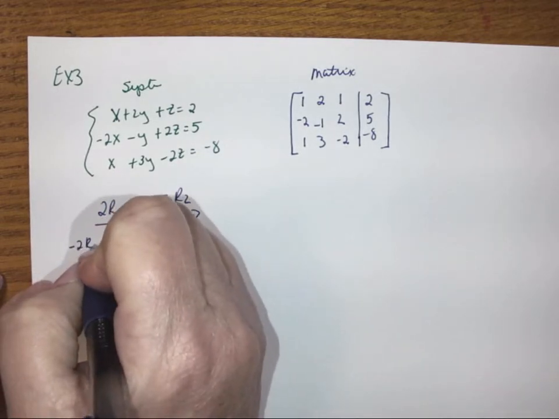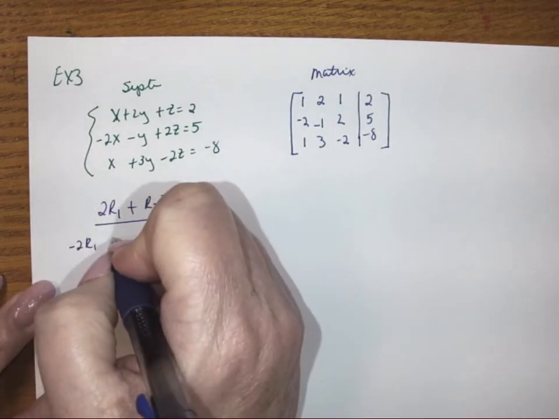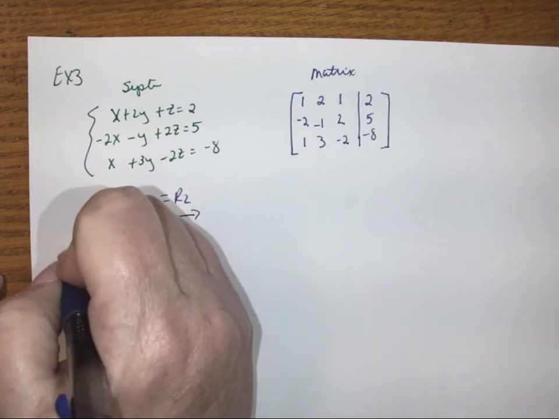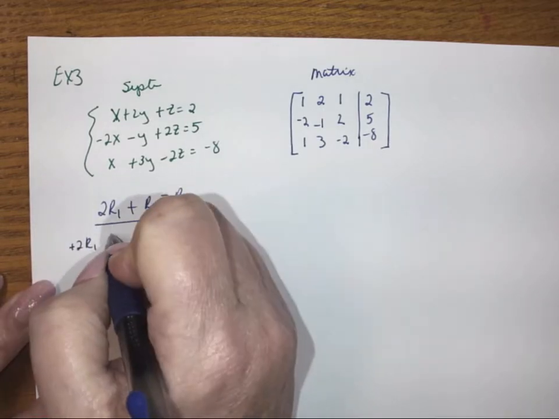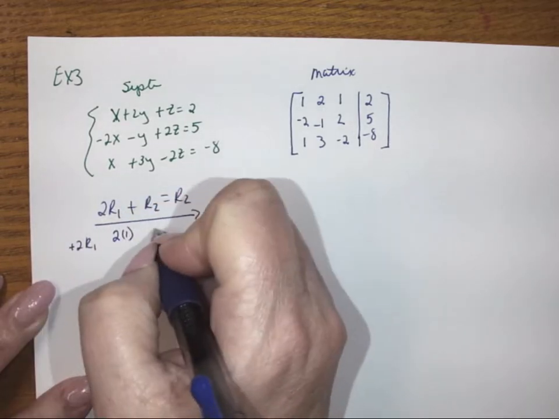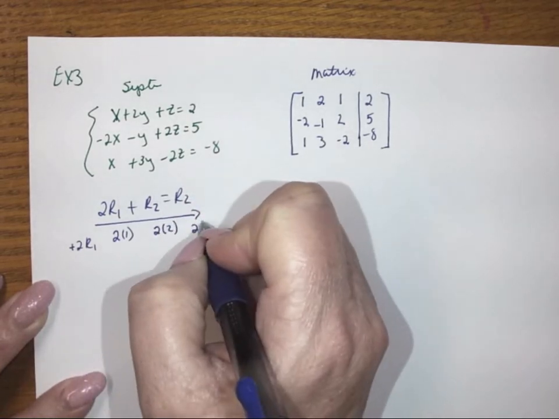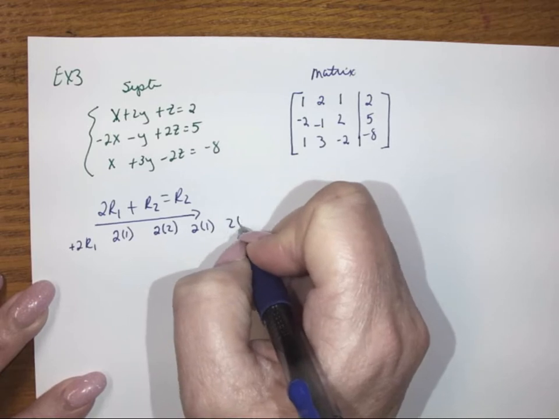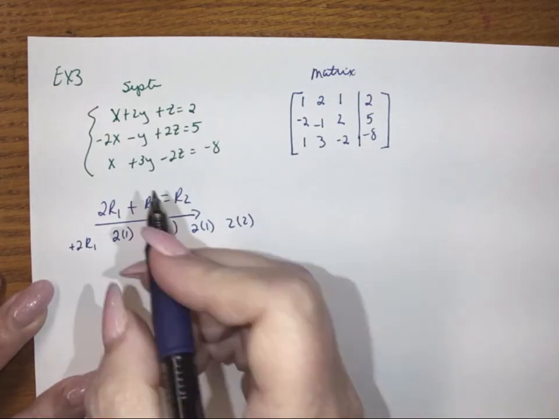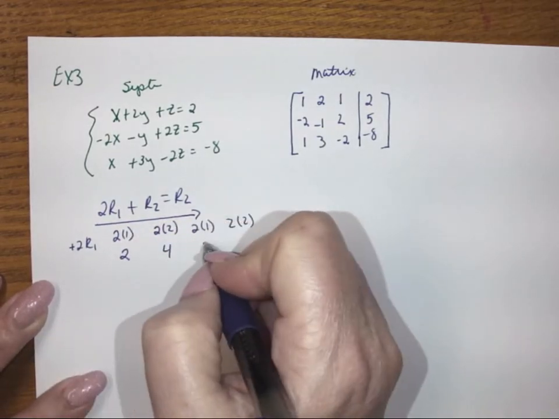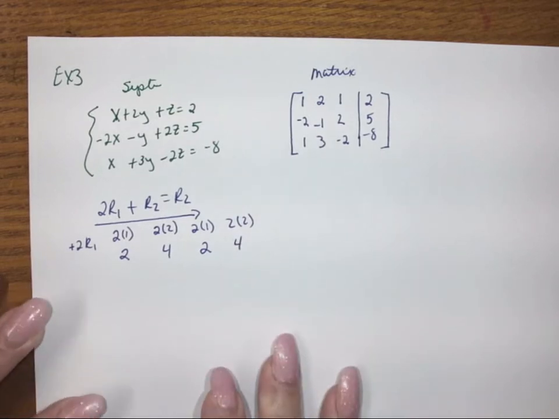So negative 2 times row 1, not negative 2, positive 2 times row 1 will be 2 times 1, 2 times 2, 2 times 1, 2 times 2. So that gets us 2, 4, 2, and 4.